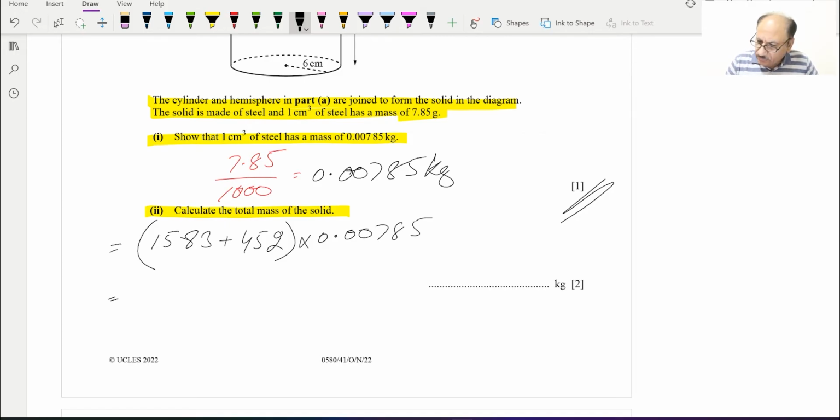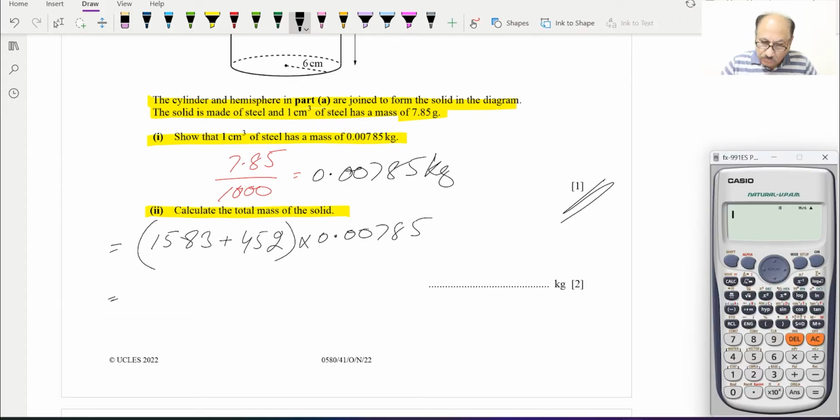To calculate this we will use the calculator.